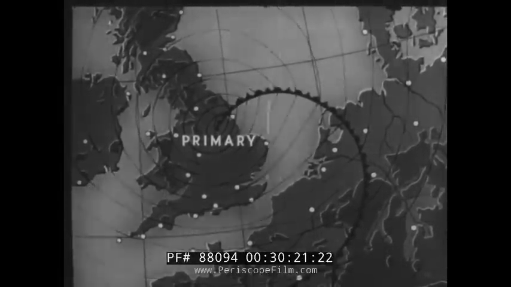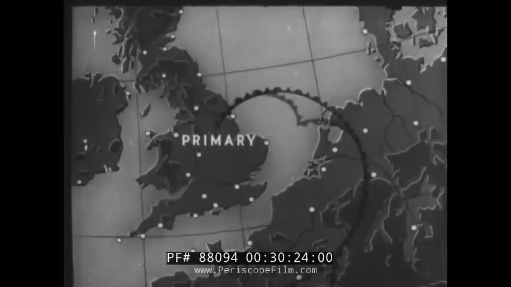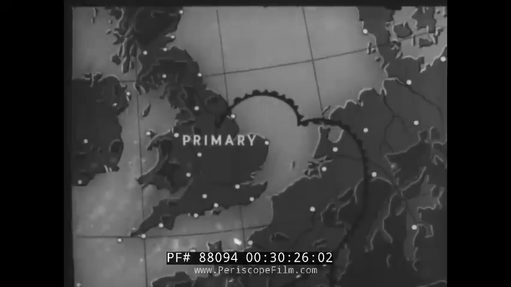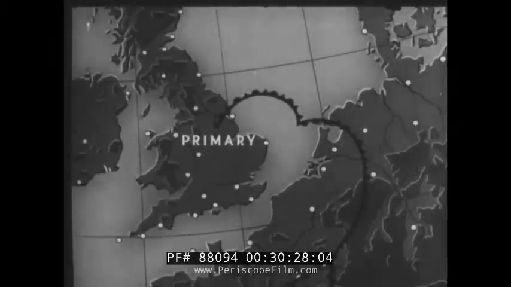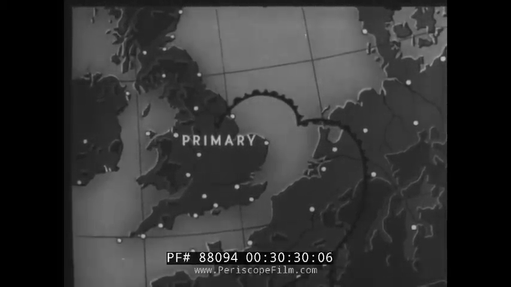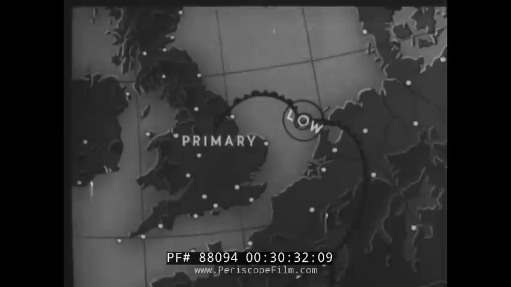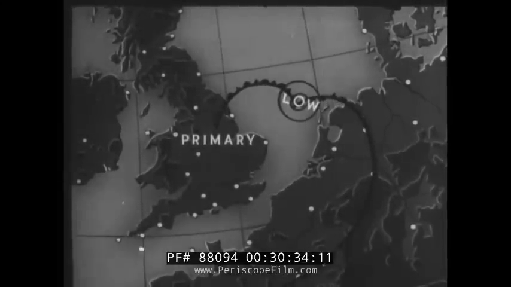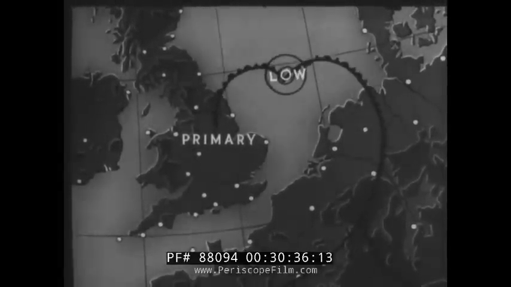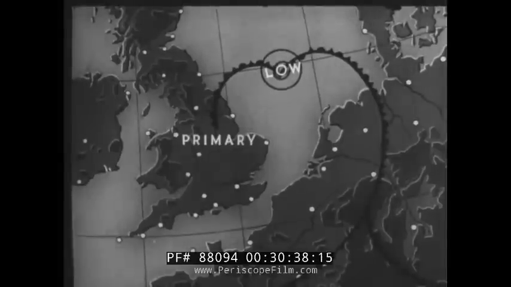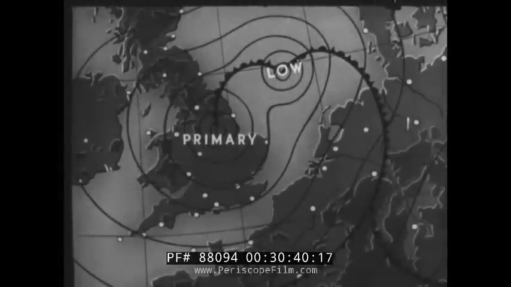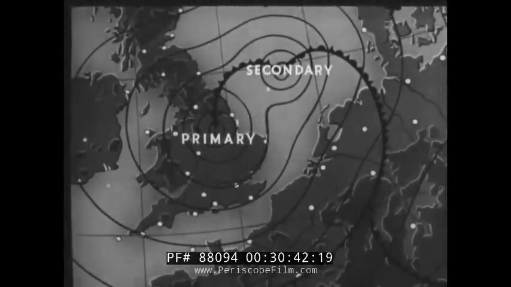Nevertheless, small discontinuities may develop in the primary circulation of depressions of this type. Disturbances may then develop at these discontinuities, and rotate round the primary depression in a counterclockwise sense. Such disturbances are called secondaries.